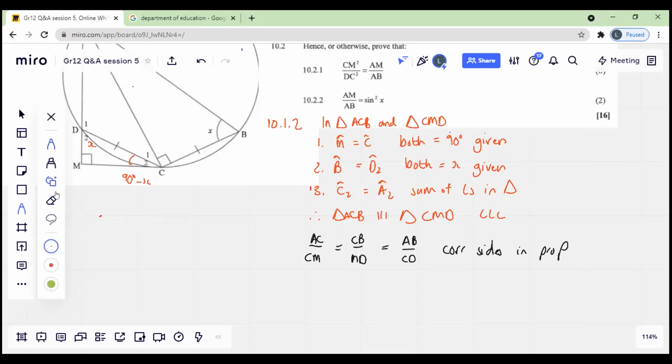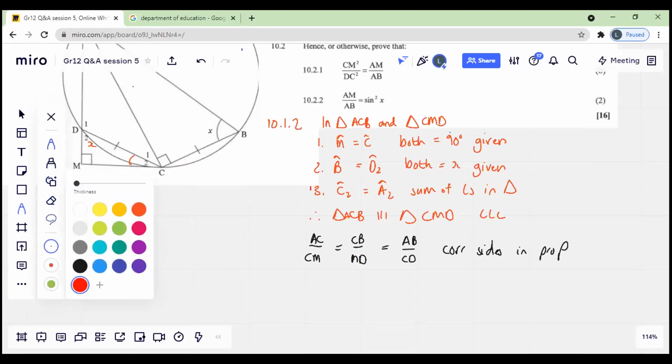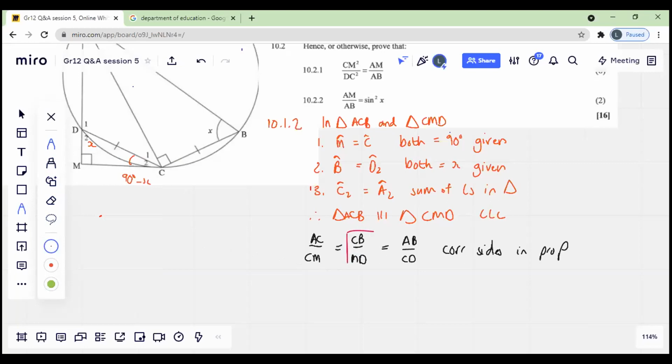Okay, we're going to work with these two proportions at the end here. And we're going to need to be clever because what we want to create is CD squared, right? Now, I've got a CD here. I could make CD squared by cross multiplying CB and CD together. If I go back and have a look at the diagram, CD is equal to CB. So I'm going to substitute.